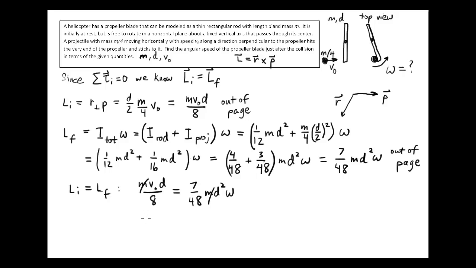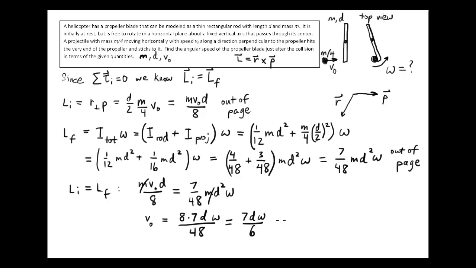So what I will have then is v0 will equal 8 times 7. The masses have canceled out. One of the factors of d has canceled out. d omega over 48. 8 over 48, right? That's 1/6. So this is 7d omega over 6.